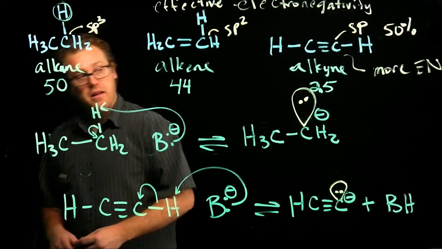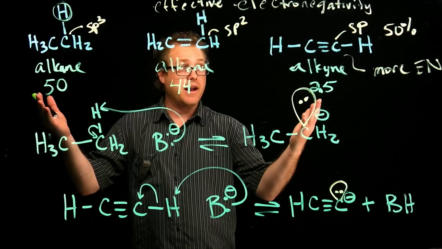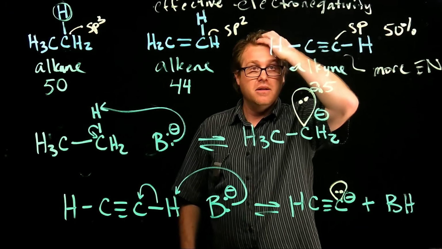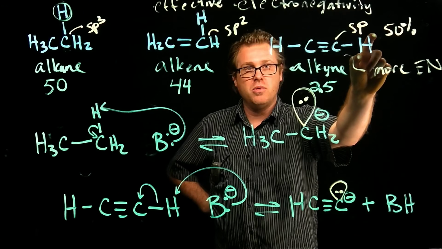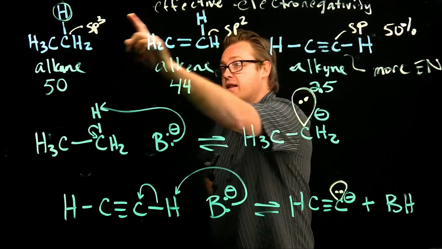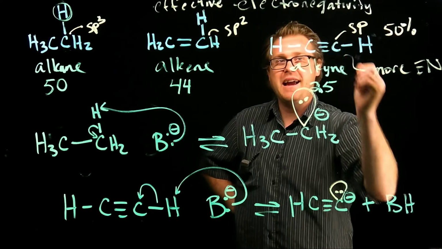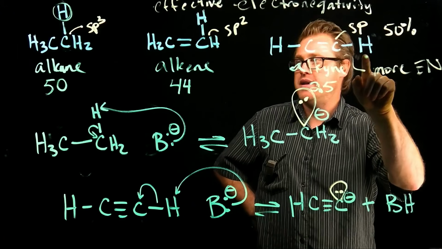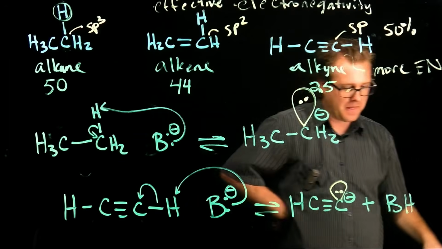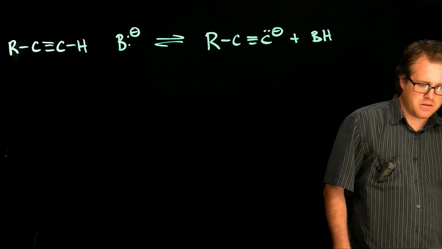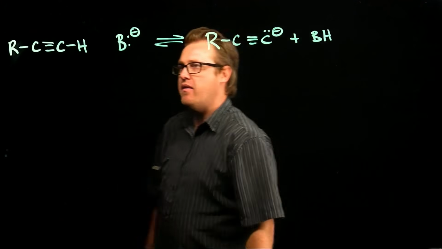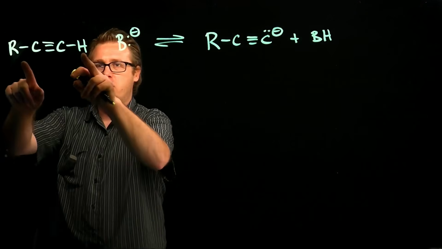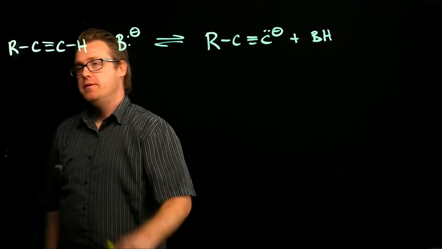And this whole concept now, because this is so much more acidic than alkanes, means we can do reactions with alkynes because of the acidity difference here. Now you can have alkynes that don't have two hydrogens on either end, like this.